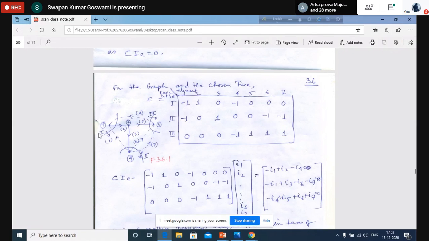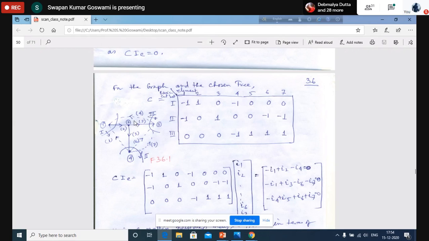Potentials of node pair 1 and 2, potentials of node pair 2 and 3, potentials of node pair 2 and 4. Okay, so these will be considered as variables. তাহলে আমি যখন কাস্ট সেট ম্যাট্রিক্স ইউজ করব, then we shall be solving the network in terms of tree branch voltages.